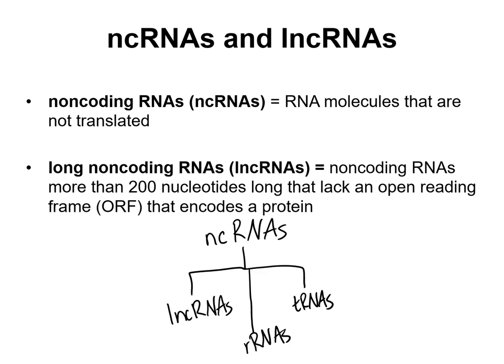But more and more, definitely over the last decade or two, researchers are finding that RNAs have a lot of roles in regulation in the cell. So most of the transcripts that are made are for regulation purposes, and the messenger RNAs are just a tiny fraction of what RNA does.